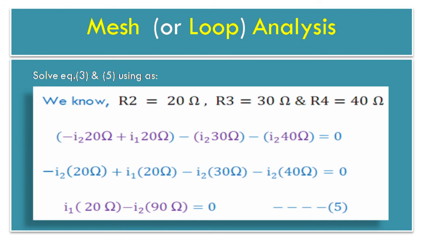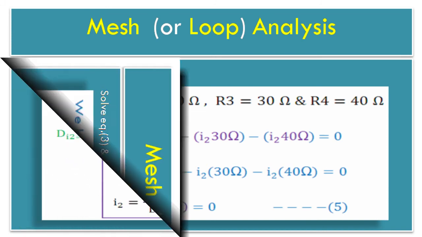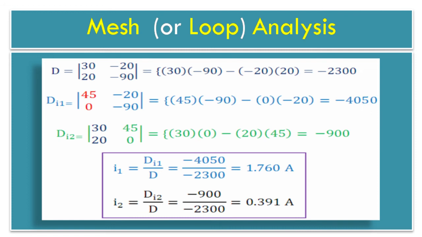Now let's solve equation 3, obtained using mesh 1, and equation 5, obtained using mesh 2, by the determinant method. Here determinant D is called the coefficient determinant, represented as first row the coefficients of equation 3 as 30 and minus 20, and second row the coefficients of equation 5 as 20 and minus 90.